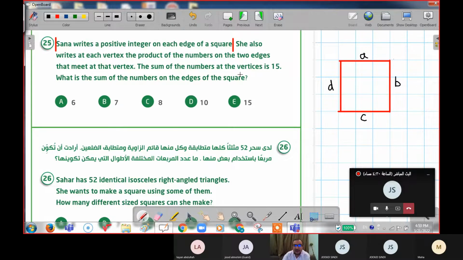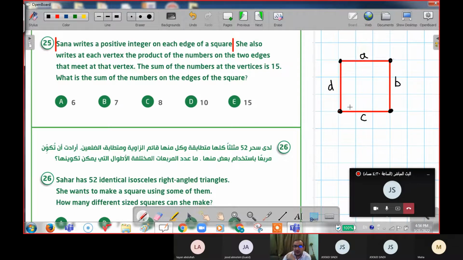Okay, then the next sentence. She also writes at each vertex the product of the numbers at the two edges. So now, the product of like A and D, she writes at one of the vertices. This is the first vertex, this is the second, the third, and the fourth vertex.